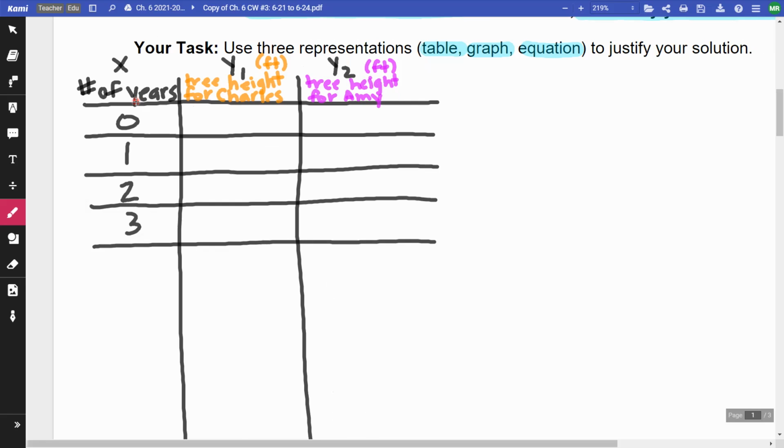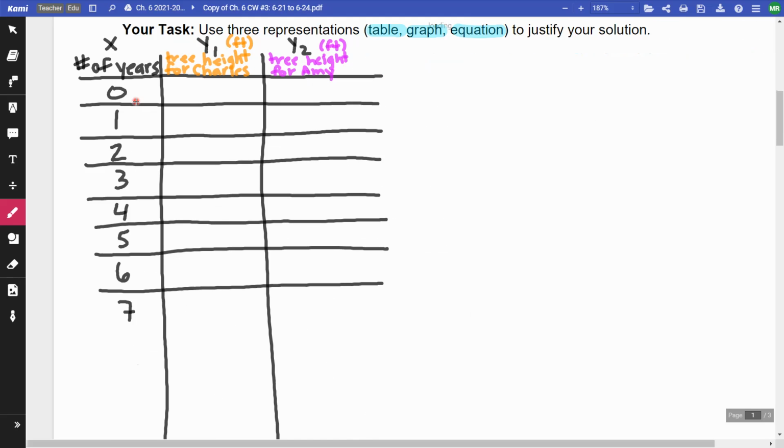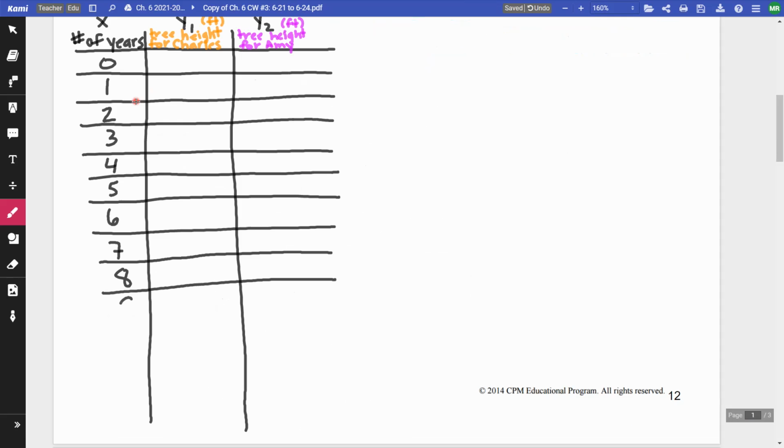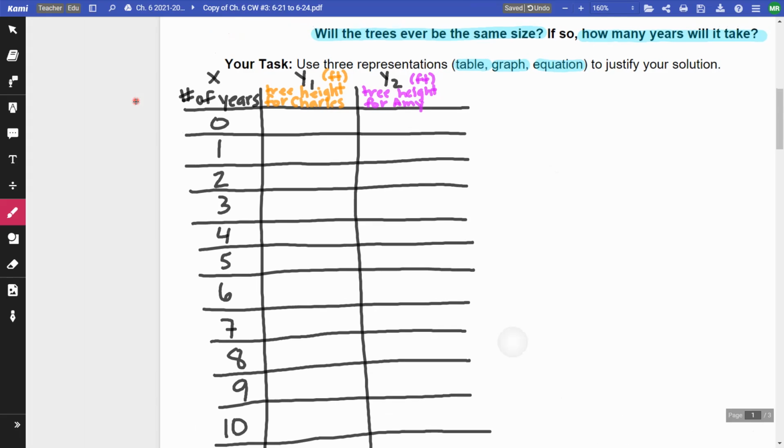So I'm just going to fill this out up to 10. Maybe I have to go more, maybe this is too much. We'll see what happens in 10 years.